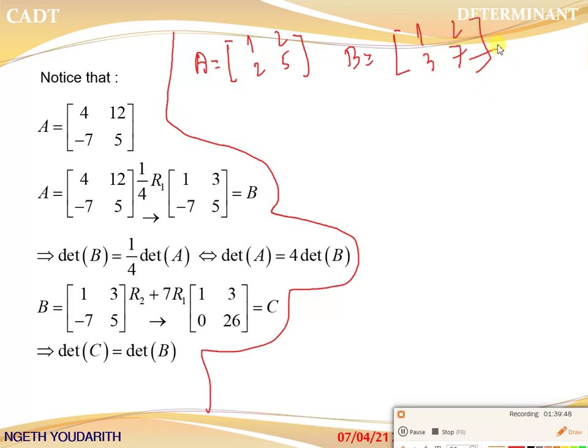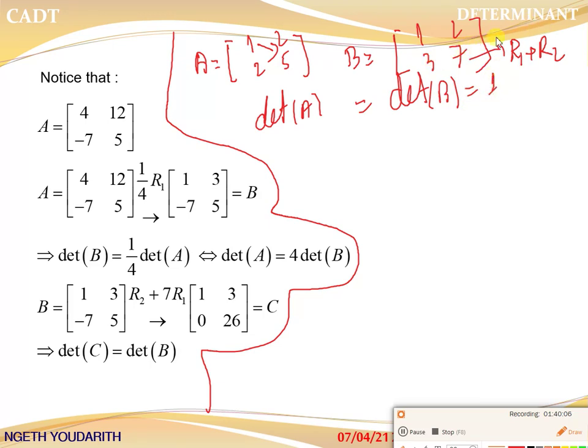It means this one is obtained from R1 plus R2. The determinant of A is 1, and the determinant of B is also 1.